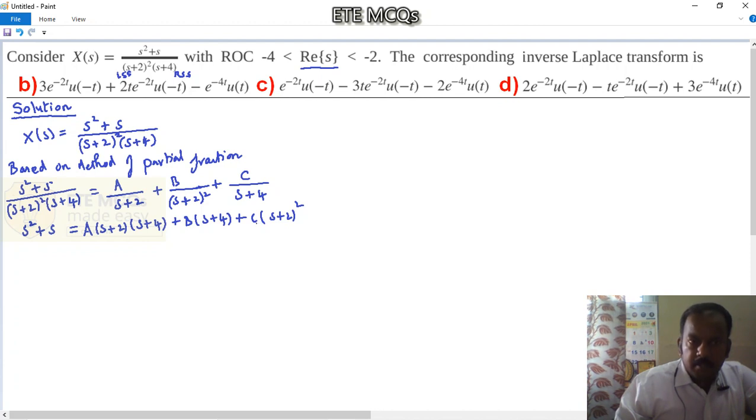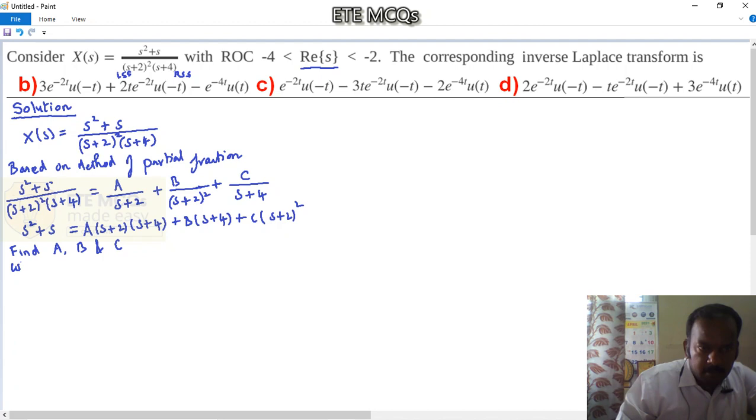Now to find the constants A, B and C: when s is equal to minus 2 we can find B, and when s is equal to minus 4 we can find C. When s is equal to 0, you get an algebraic equation containing A, B and C, from which you can identify A.